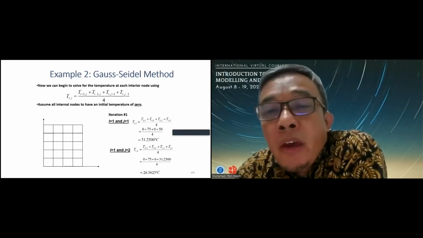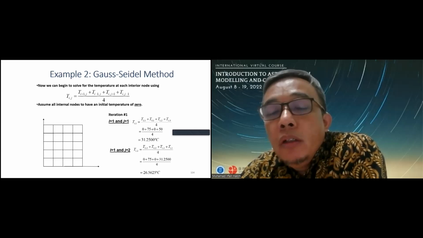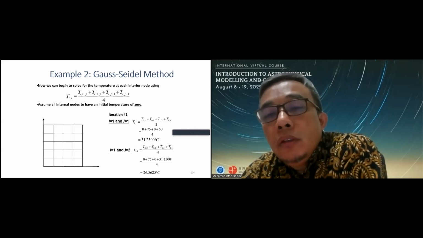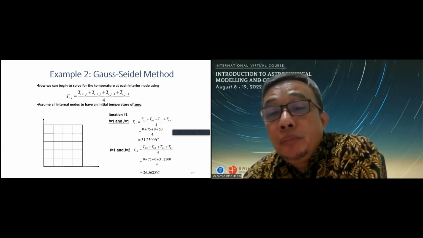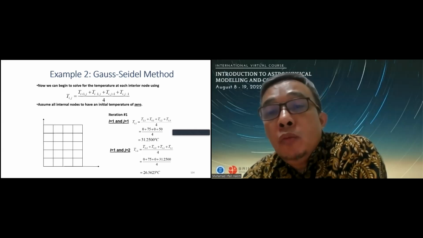Just after we have this value T11, we use it to substitute the value of T11 in another calculation right after this value is obtained.